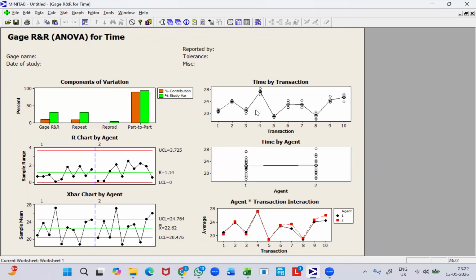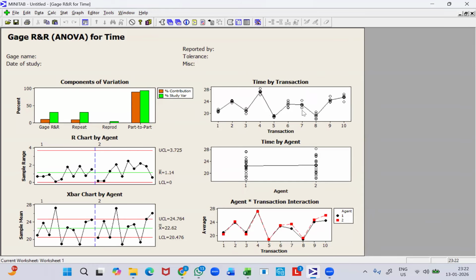And the final graph again will help us to show the trend pertaining to all the 10 transactions. These are the measurement values of both the agents put together. So the individual measurement values are there, but we also found out the overall mean for each transaction. And for that overall mean, we have constructed this trend chart.